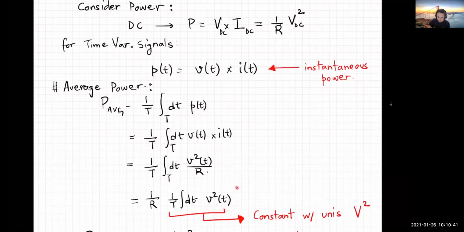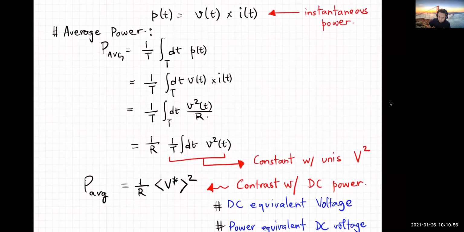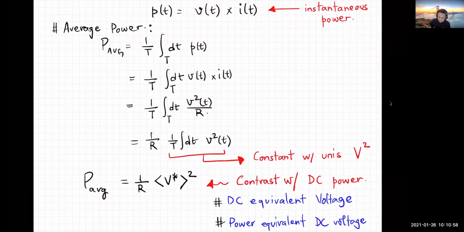Now this whole thing is a constant. Once you've taken the integral over time, there's no time variable in there, and it has units of volts squared. So we can replace that with some variable, voltage squared.